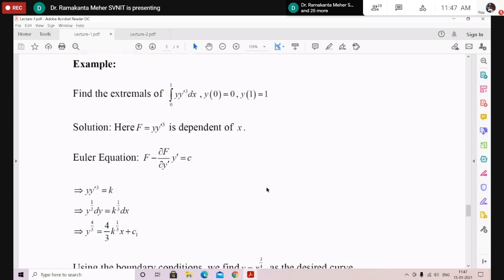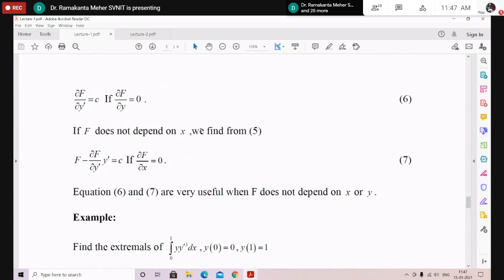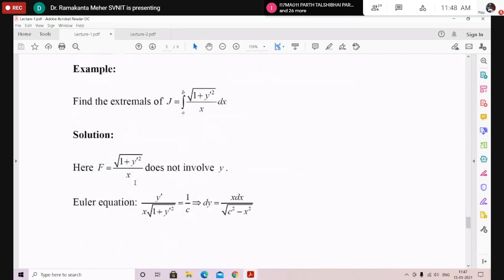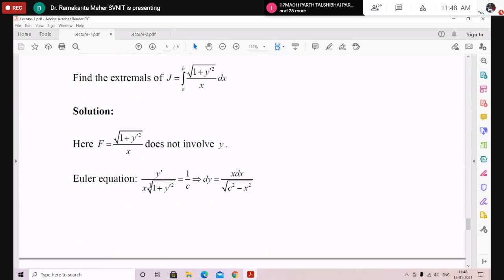So we can directly use equation 6 as the Euler equation, no need to use equation 3. Since f does not involve y, we can write the Euler equation del f by del y dash equal to c. That means if we differentiate with respect to y dash, we can write y dash divided by x into root over 1 plus y dash square equal to 1 by c.